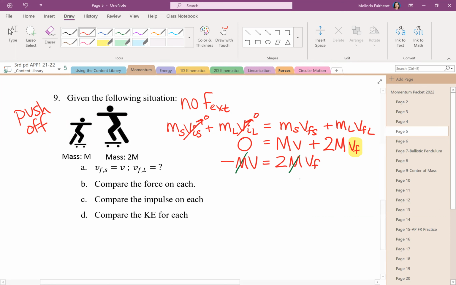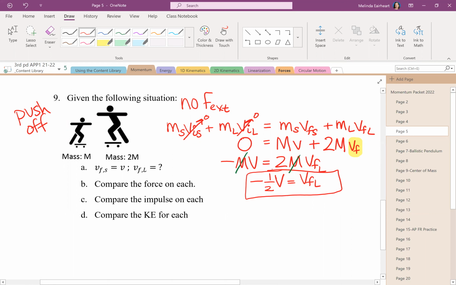And to solve for final velocity of the large, we would get a negative 1/2 v. Twice the mass, half the velocity, right? They have to have equal and opposite impulse, equal and opposite change in momentum, yes? So you could have taken an impulse approach, but we had done that a lot, so I wanted to do a conservation approach. Everybody good?